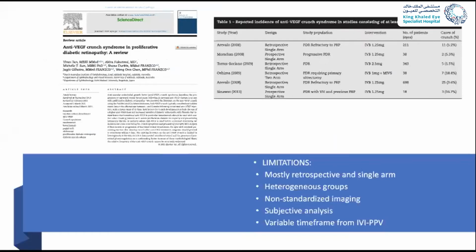And most importantly, they were able to establish all the limitations that these studies had. For example, most of them were retrospective and most of them were single-armed. They lacked a control arm, and the only prospective study was also lacking a control group, and it had a small sample size of 18 patients only.